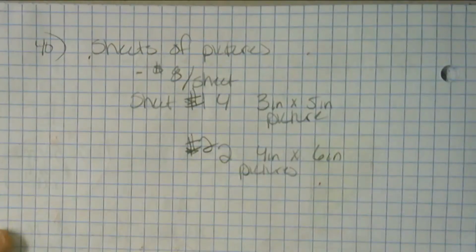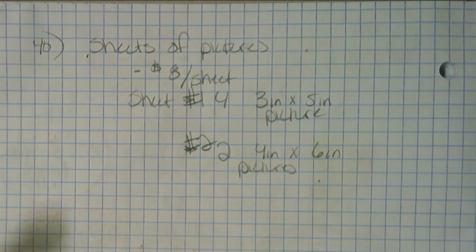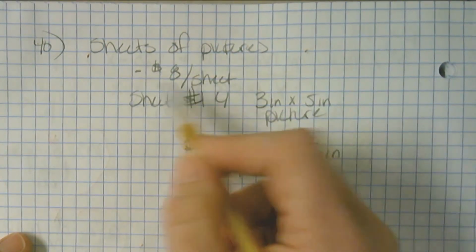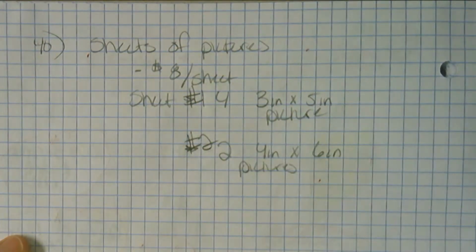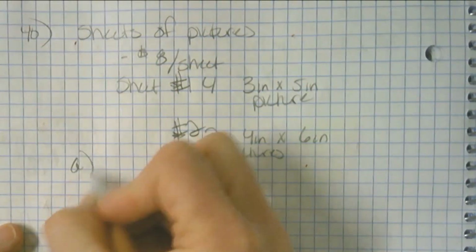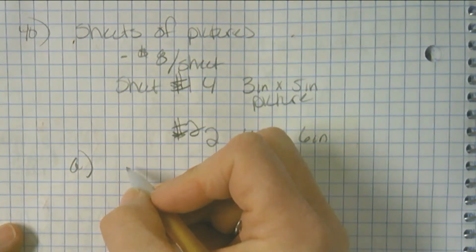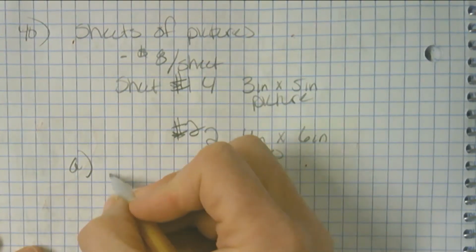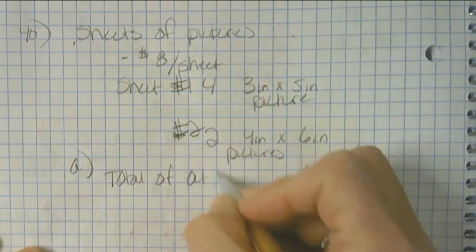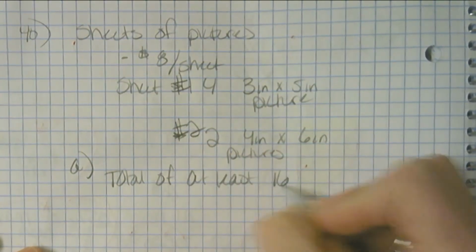So Anastasia, are you good with the 2 different options? Awesome. Okay. They tell us that is the cost of each of them, no matter how many pictures you put on there, it's always $8 per sheet. Okay. So then in part A, it says you want at least 16 pictures of any size. So we want a total of at least 16 pictures.